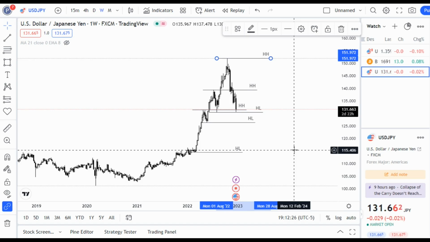Yes, and these may be different if you take your chart, the same one I have identified this way. You may also identify it differently. Where I consider it a low or a higher low, maybe you may not consider it a higher low.